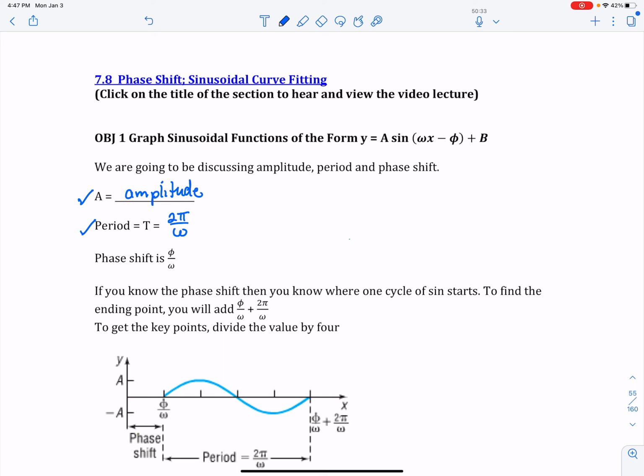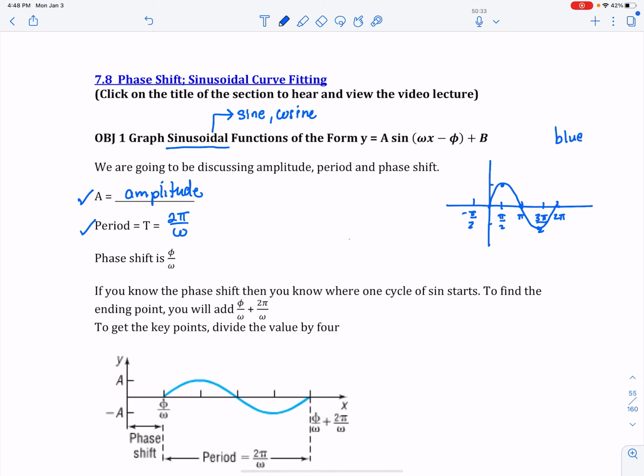And I have to mention before I move on, sinusoidal functions means we're looking at functions such as sine and cosine. And the reason why cosine is sinusoidal is because if you look at the graph of sine, and I'm going to graph this really quick, pi over 2, pi, 3 pi over 2, and 2 pi. And right now I'm just working at drawing the parent function. So the parent function of sine, we know, looks like this. So let me go ahead and put this in.